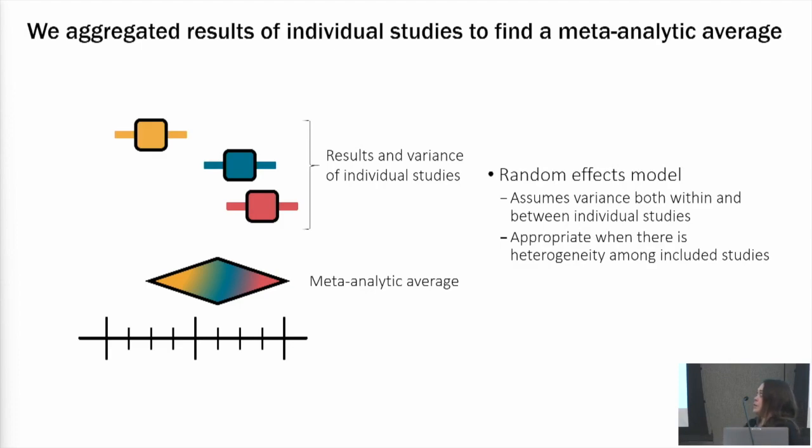So given how different the research we found was, we wanted to make sure that we included some measure that would account for that heterogeneity. At that point, we were able to look at individual results for each of these and compare both the results, our meta-analytic averages, and variance across our studies.